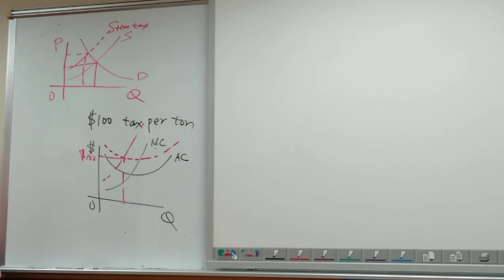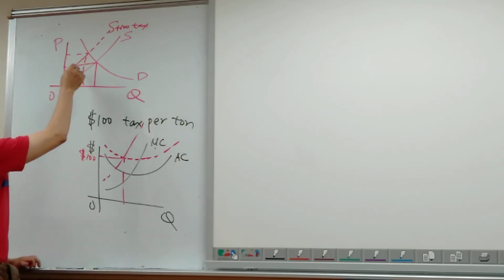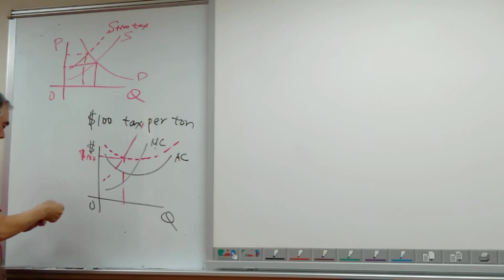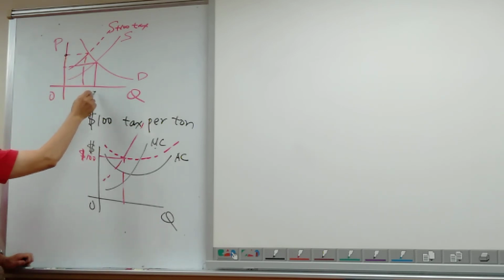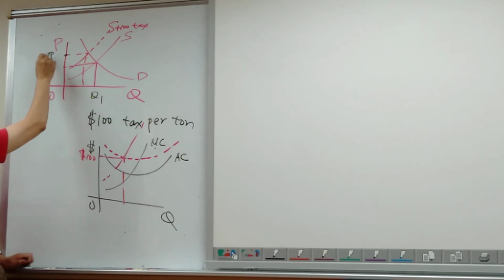Question C. On your graph, indicate the total tax revenue generated by the tax in the long run. It's a little bit difficult. Let me mark it. This is Q1, P1, and here is Q2, P2.